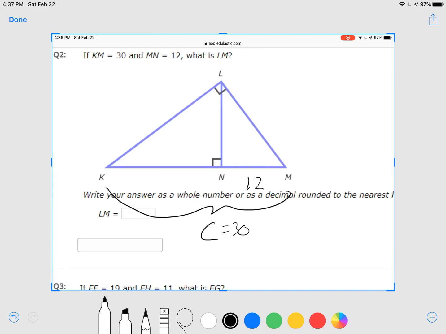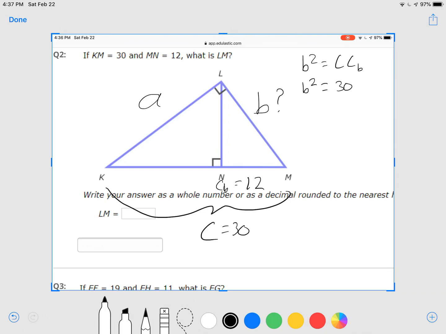Okay, so let's say I label this A and B. So they gave us CB and C, and they're looking for LM, which is B up here. So the correct equation is going to be B squared is equal to C times CB. B squared, we don't know what B is, that's the unknown.